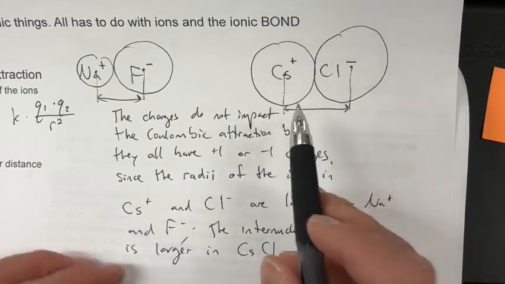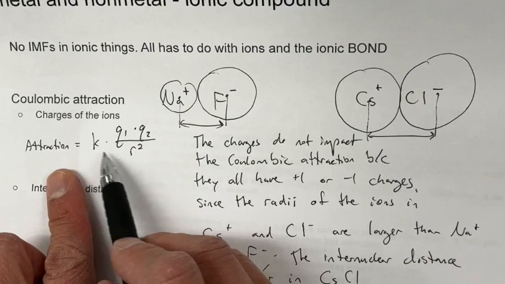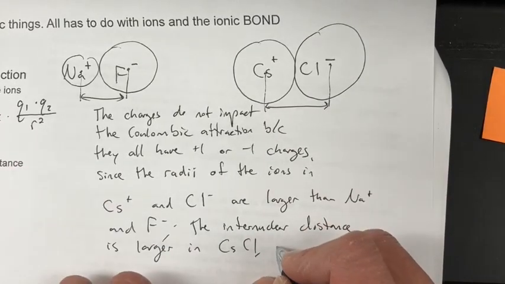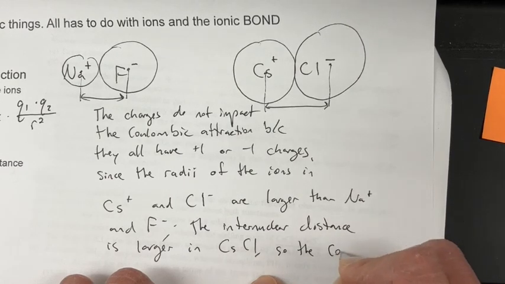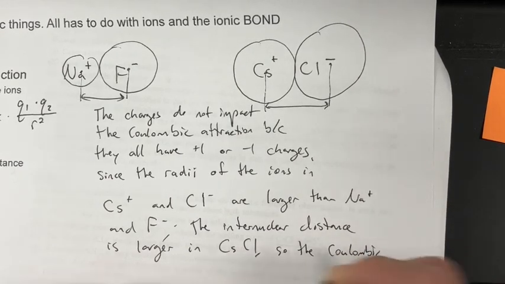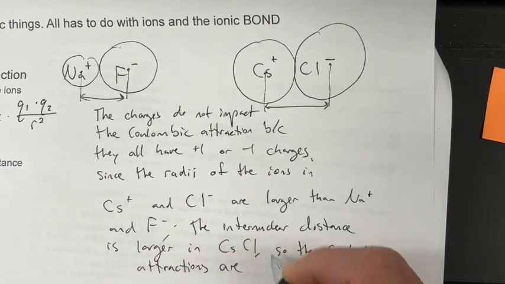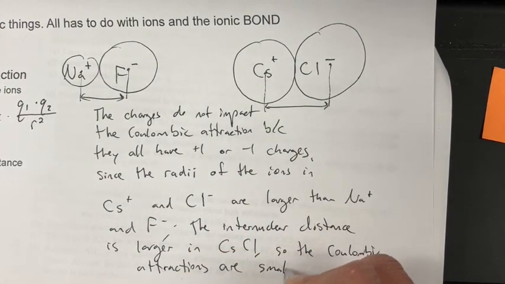And so what does that do to my attraction strength? That brings my attraction strength down. So the Coulombic attractions are smaller or weaker.